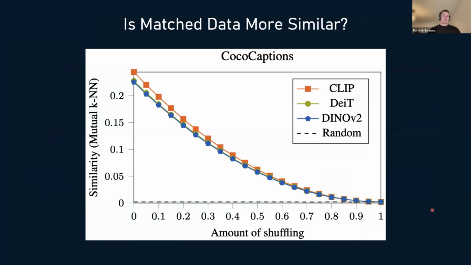In the next step, we shuffle some of these text embeddings, so the text captions don't align with the images. For a specific amount of shuffling, we shuffle this amount of text captions, so we have non-aligning pairs in there, and we compute the alignment for these non-perfect matchings.